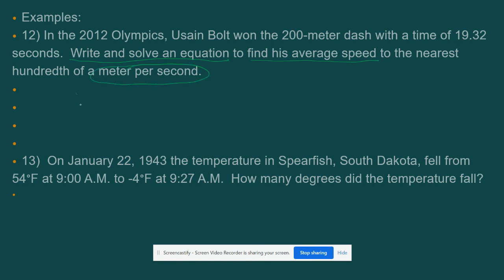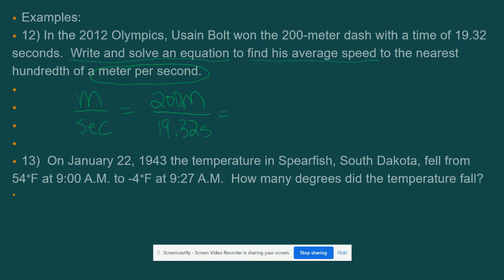Well, that's going to help me. And I see that Mr. Bolt went 200 meters in 19.32 seconds. Oh, well, now I can simplify that, and that should give me my answer.